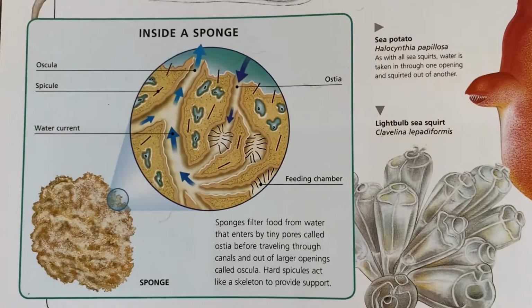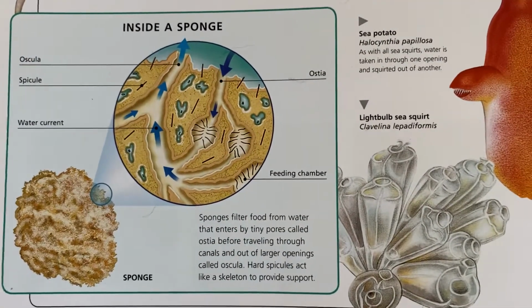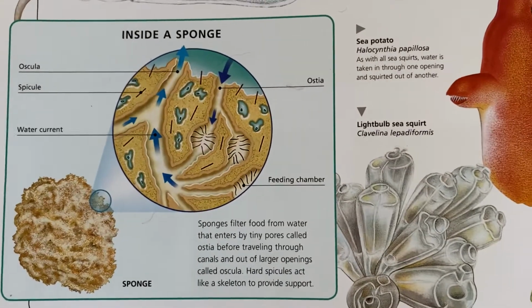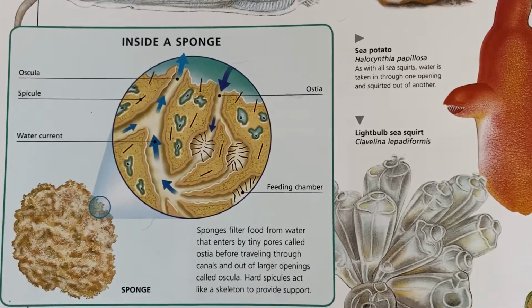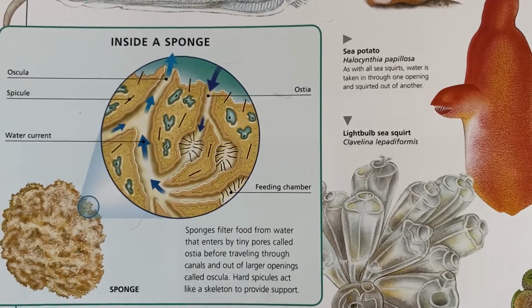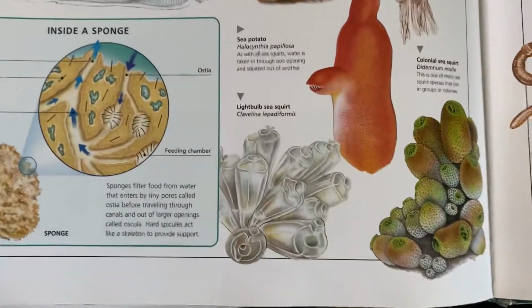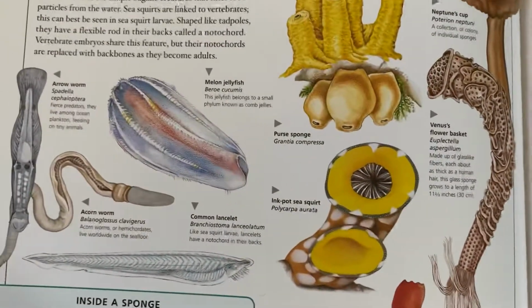Sponges filter food from water that enters by tiny pores called ostia before traveling through canals and out of larger openings called oscula. Hard spicules act like a skeleton to provide support. They're very simple. They just pull the water in, take what they need, and then push the water out again. Those are squirts. We're going to talk about those next.